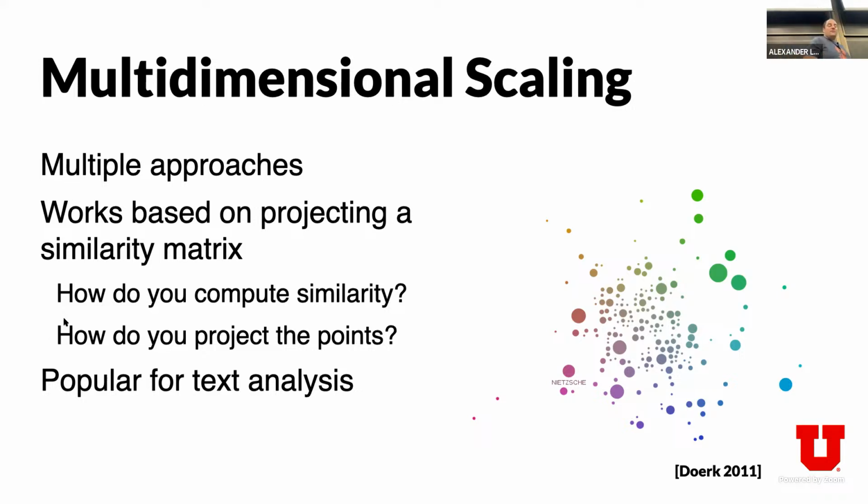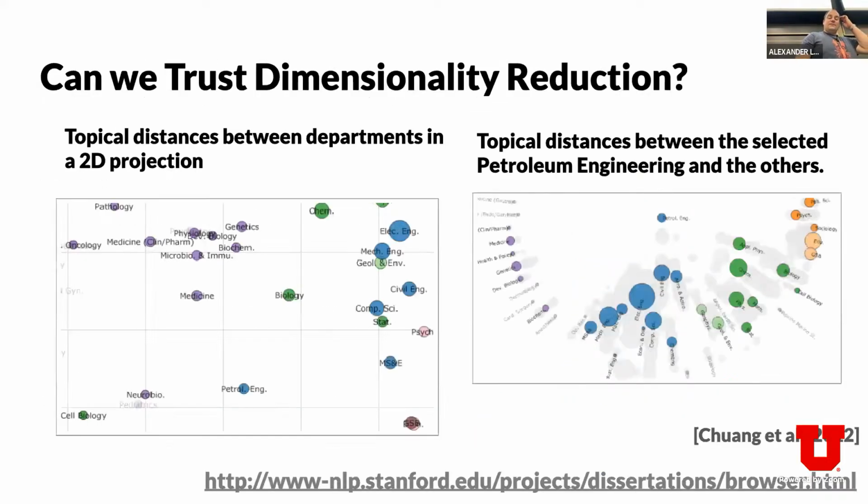The big questions for these different approaches are how you compute the similarity, similar to what we had with clustering, and how you project the points. This is what this paper here by Marian Dirk and his students uses, and this is very popular for text analysis, for example.